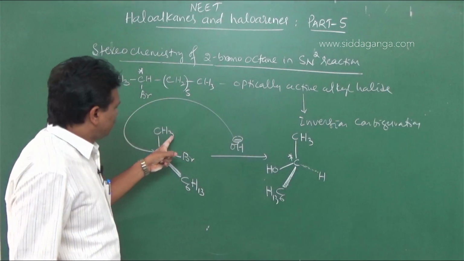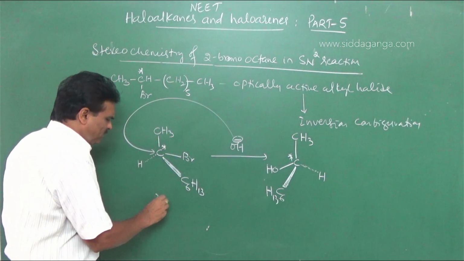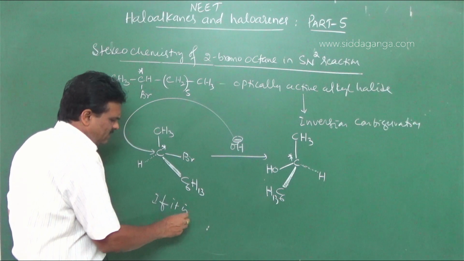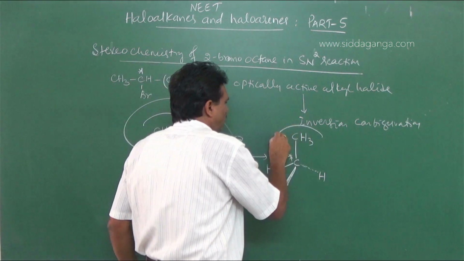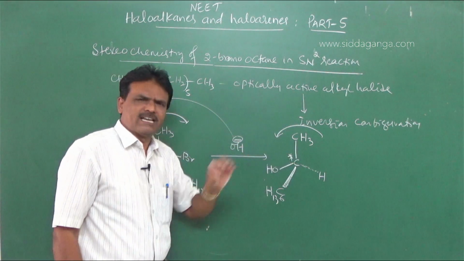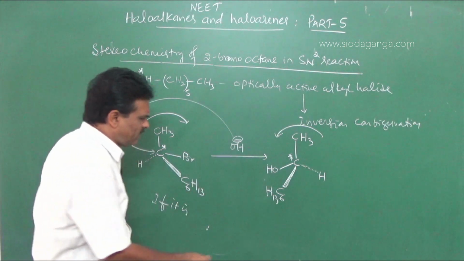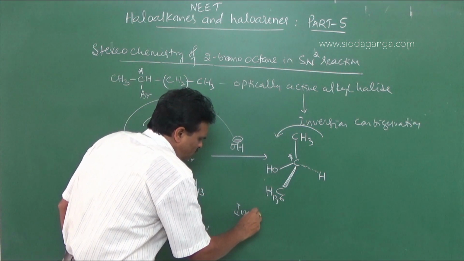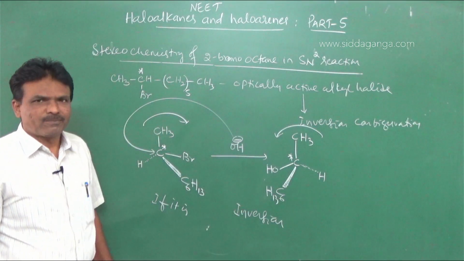If this optically active alkyl halide is dextrorotatory, then the product is levorotatory. Or if it is levorotatory, this is dextrorotatory. So only inversion configuration is observed. Clear?